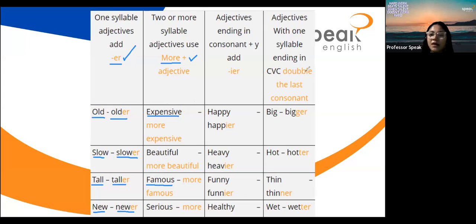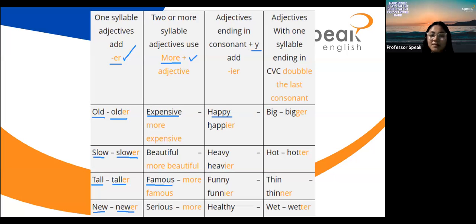Okay, now let's move to the other rule. If you can see in here, guys, when the adjective ends in consonant plus Y, what are we going to do? We're going to delete the Y, like this, and we're going to add I-E-R.